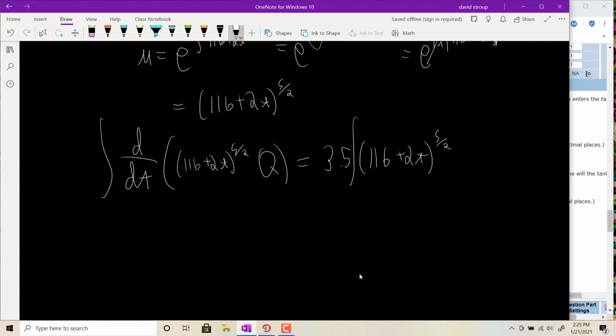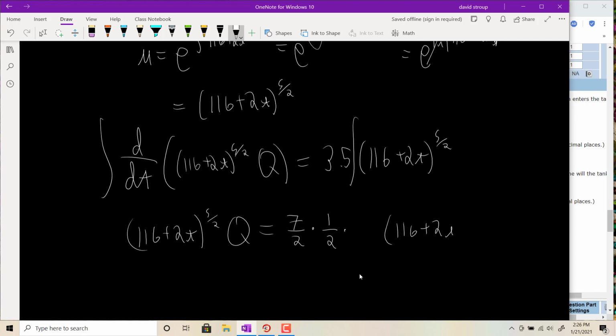On the left I'll have (116 plus 2t) to the 5/2 times Q. On the right, 3.5 is the same as 7/2. There'll be a 1/2 from the u-sub, so it'll be 7/2 times 1/2, and then from the power rule, (116 plus 2t) to the 5/2 plus 2/2 is 7/2, multiplied by the reciprocal of 7/2, which is 2/7.